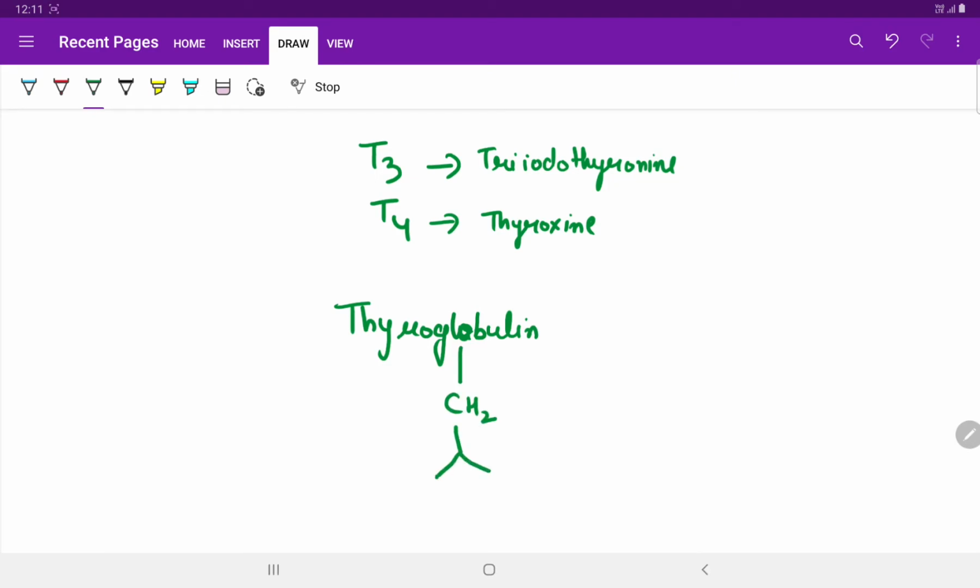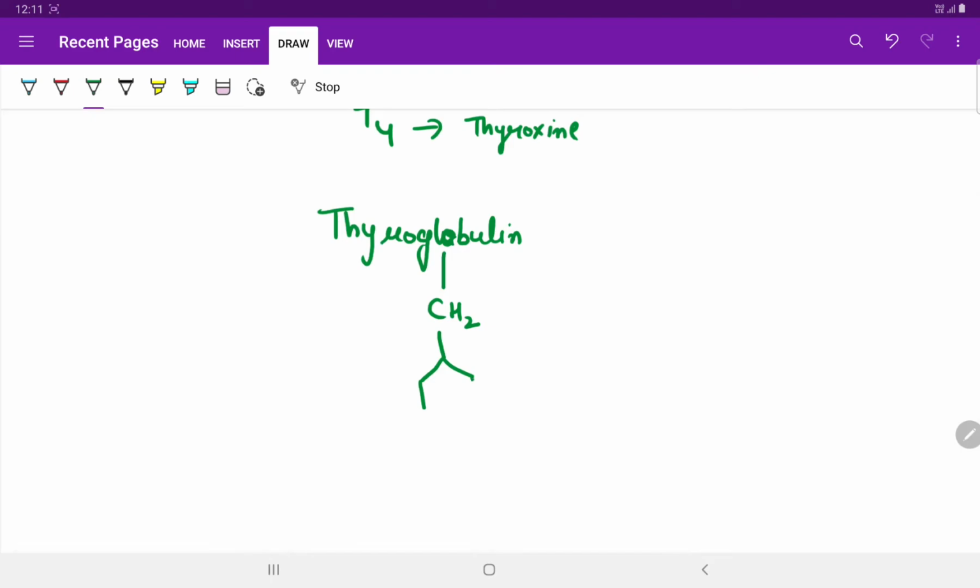So these are the tyrosine residues. This is referred to as a tyrosine residue.